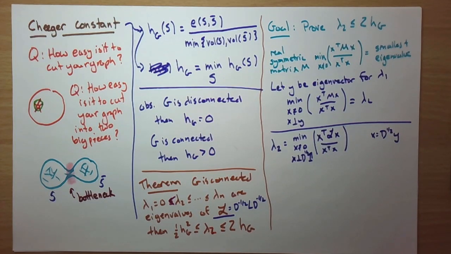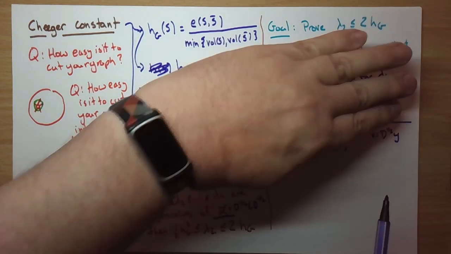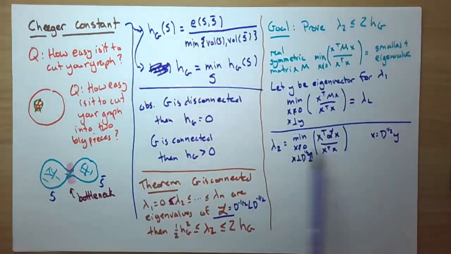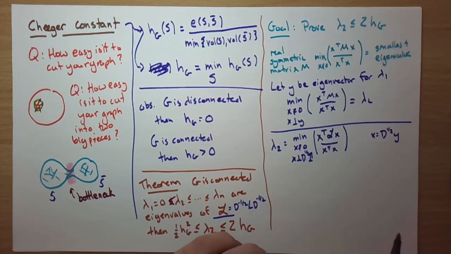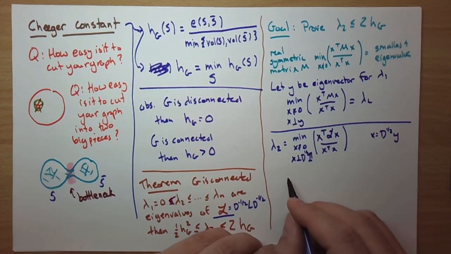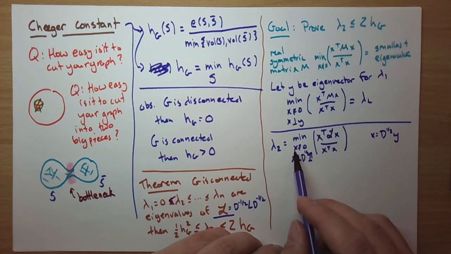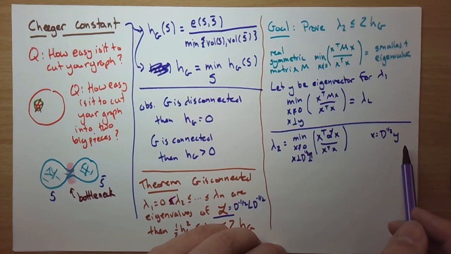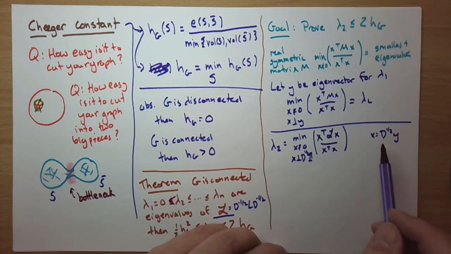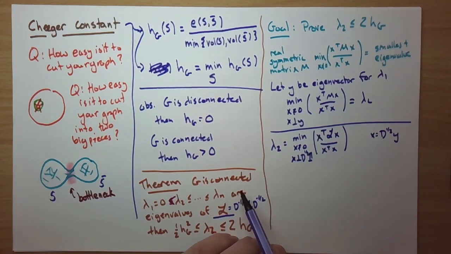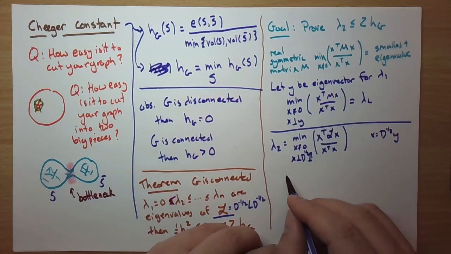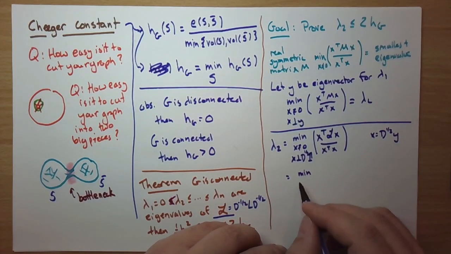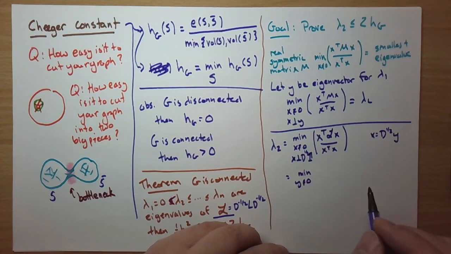Not that y above, just in general. If we follow through with this, as I vary over all choices for x, it's the same as varying over all choices for y, because d to the 1/2 is invertible. We'll assume our graph is connected, so there are no isolated vertices. So this is the min over all non-zero y.